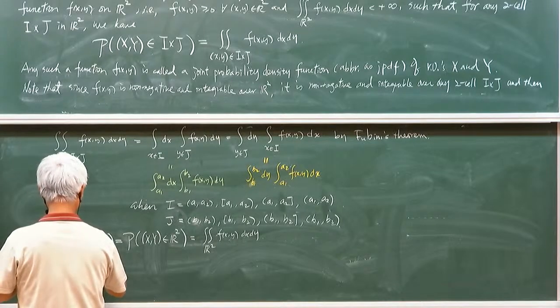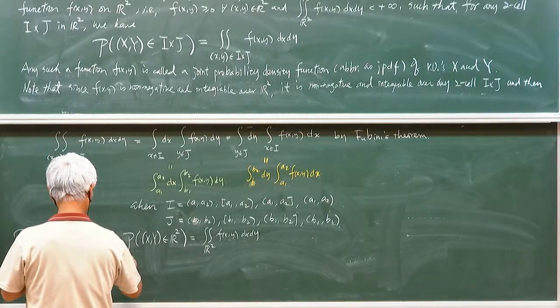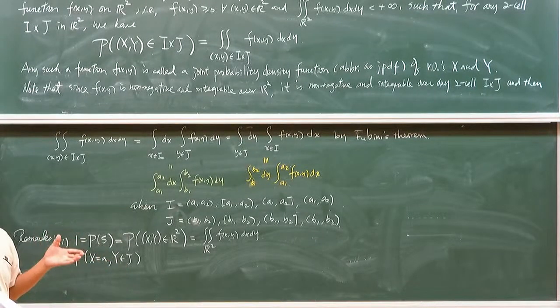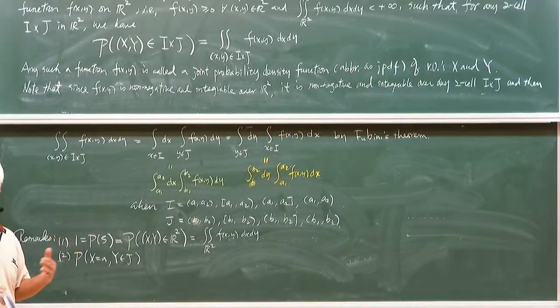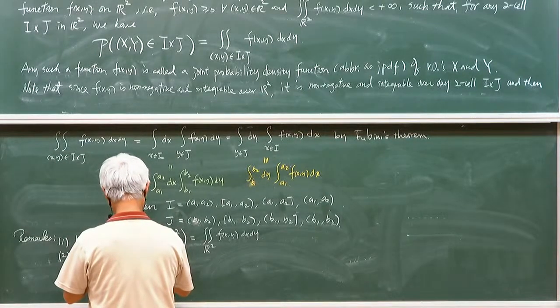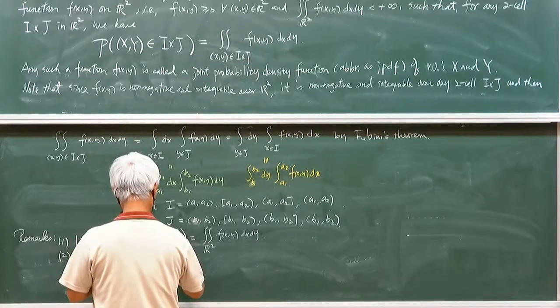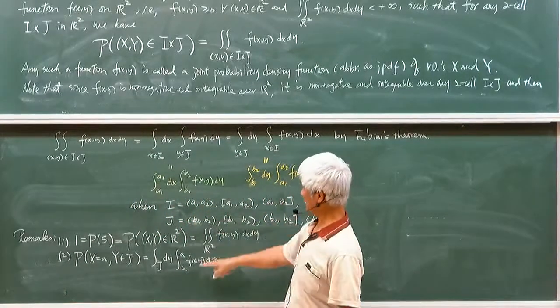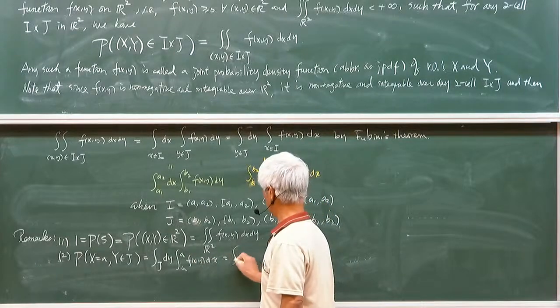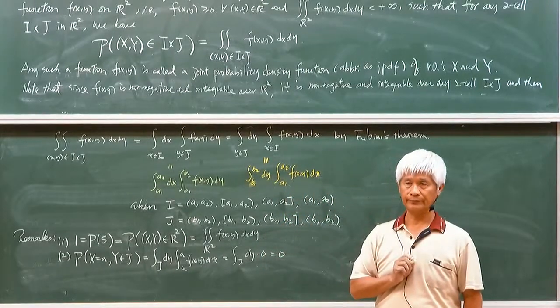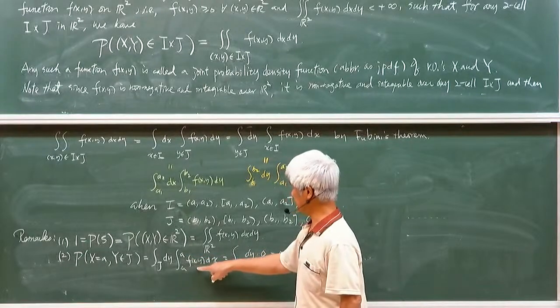If we specify that the random variable X has a specific value, say a, and Y is in any interval J, where J can be the whole real line anyway, then by the formula we have, this integral is 0, so this probability is 0, because over a point the integral is 0.